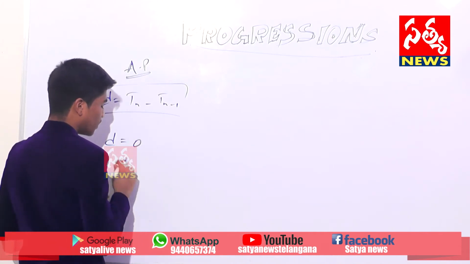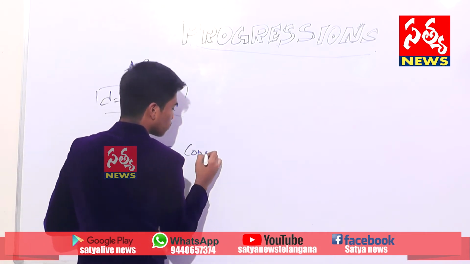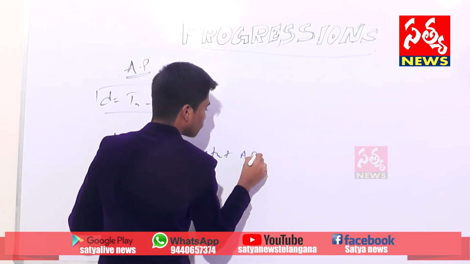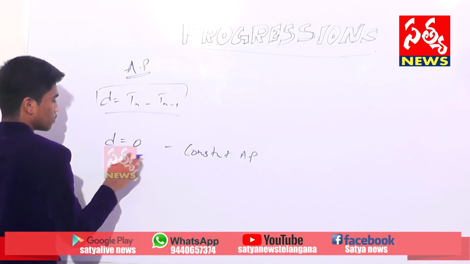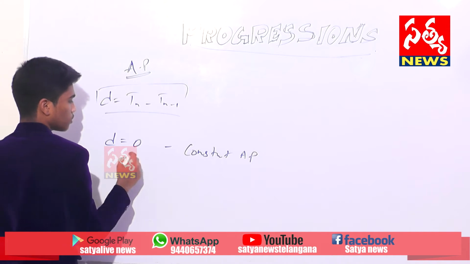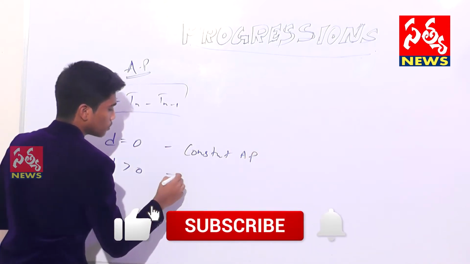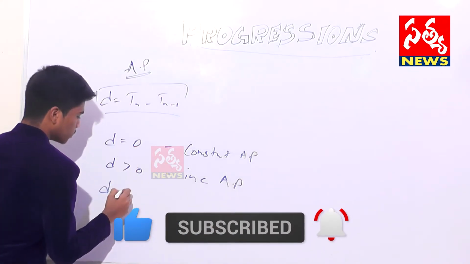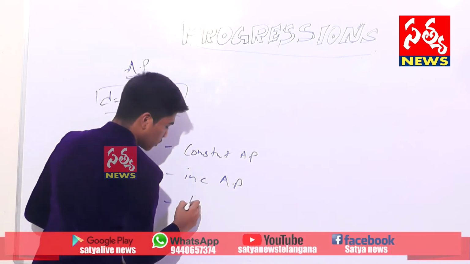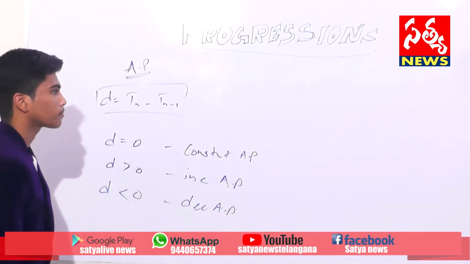If D is equal to 0, then the series is said to be a constant AP. If D is greater than 0, it is said to be an increasing AP. If D is less than 0, then it is said to be a decreasing AP. Remember this.